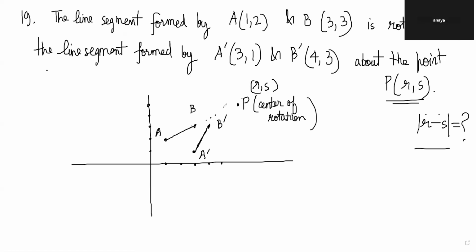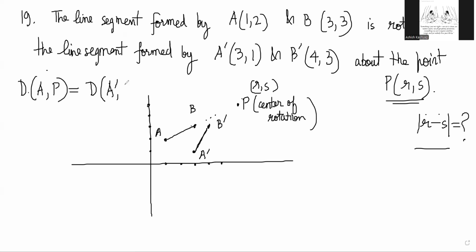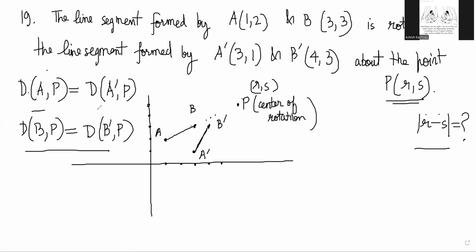Right. So because it's a rotation, the distance cannot be changed in any rotation, right? So we can say the distance of A from point P should be the same as the distance of A dash from point P, right? Correct. And similarly, the distance of B from point P should be the same as the distance of B dash from point P, right?